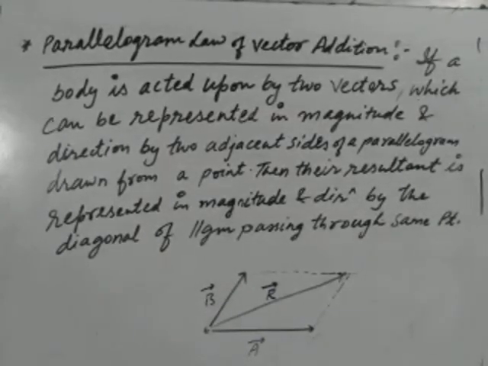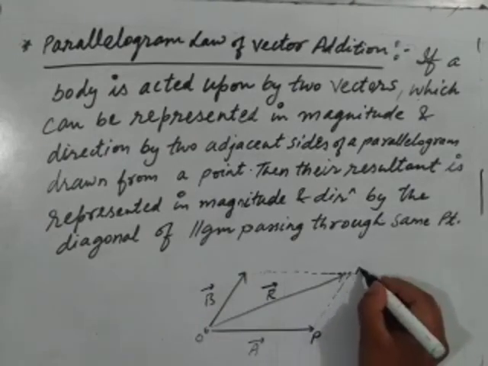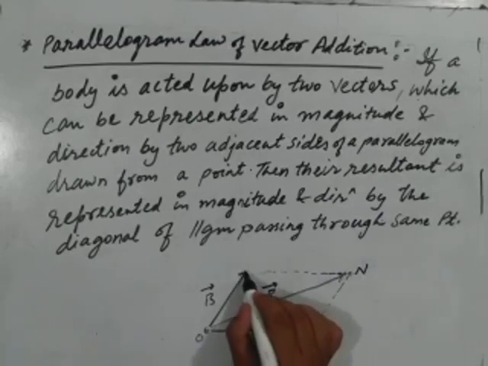Now if we start naming these points, if this point is O, this point is P, this is N, this is K.